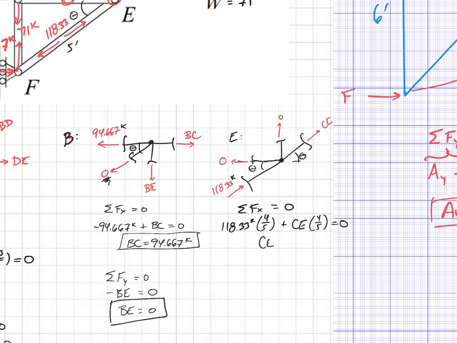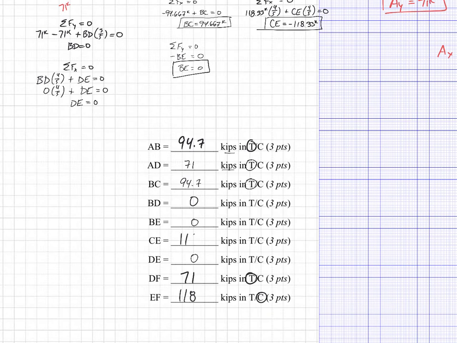If we solve for this, I get CE equals negative 118.33 kips. Boom. So CE is 118.33 kips in compression. So we have all of our answers.